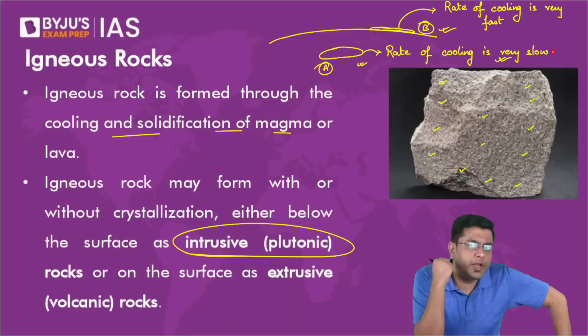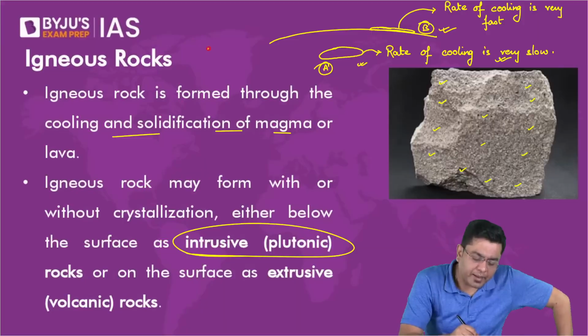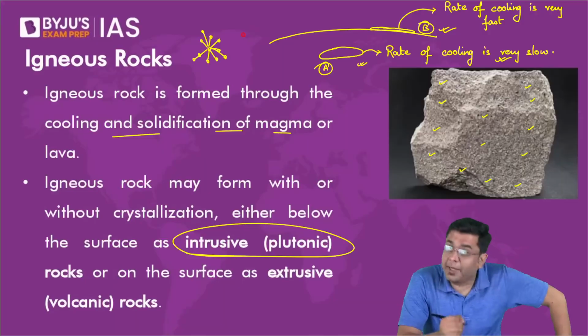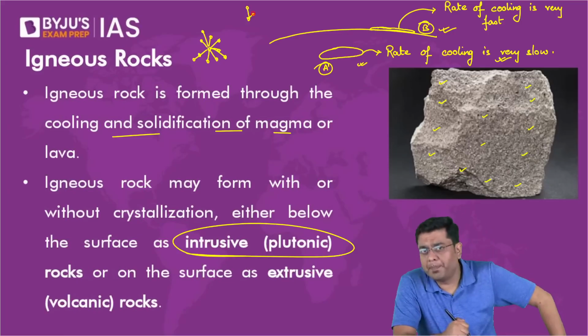Whereas when the rate of cooling is slow, each of the particle, they will develop as many bonds with the surrounding particles as possible. They will develop a bond here, here, here, here, so on. They will keep on developing as many bonds as possible. Whereas if the rate of cooling is fast, maybe they will be attached with one particle or another, and that is it, and they will solidify.